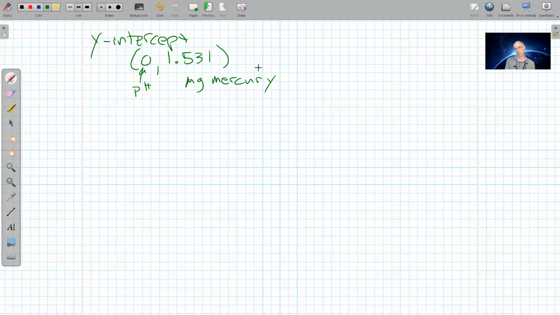So this could be a meaningless number, but the interpretation would be, now these aren't changes, these are actual values.